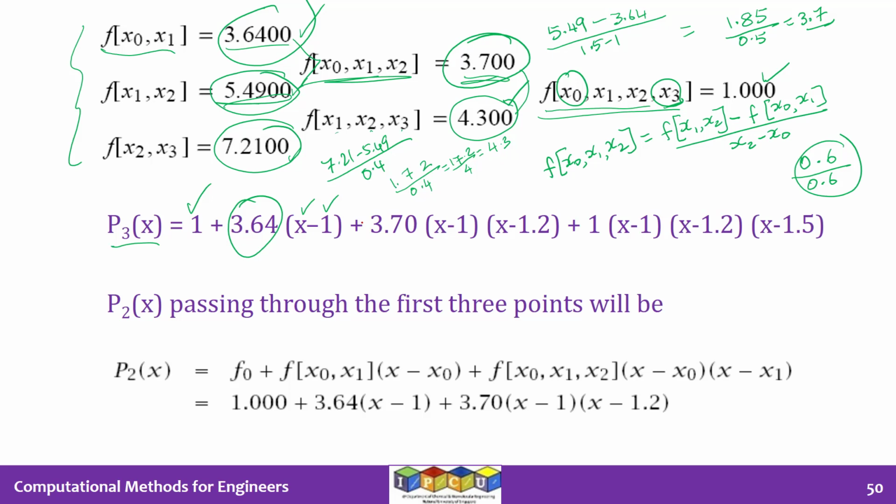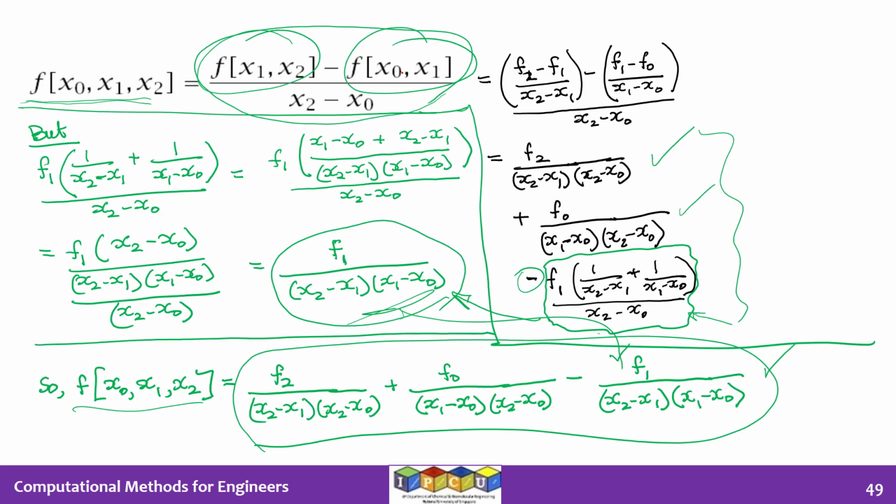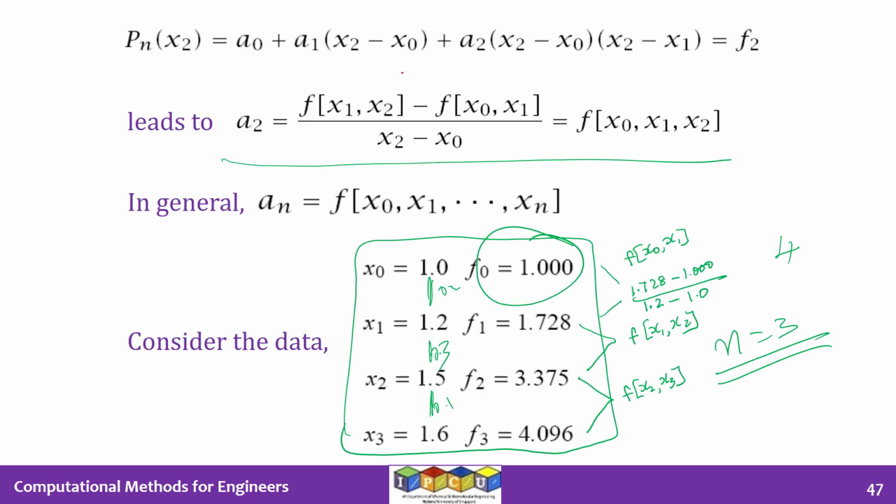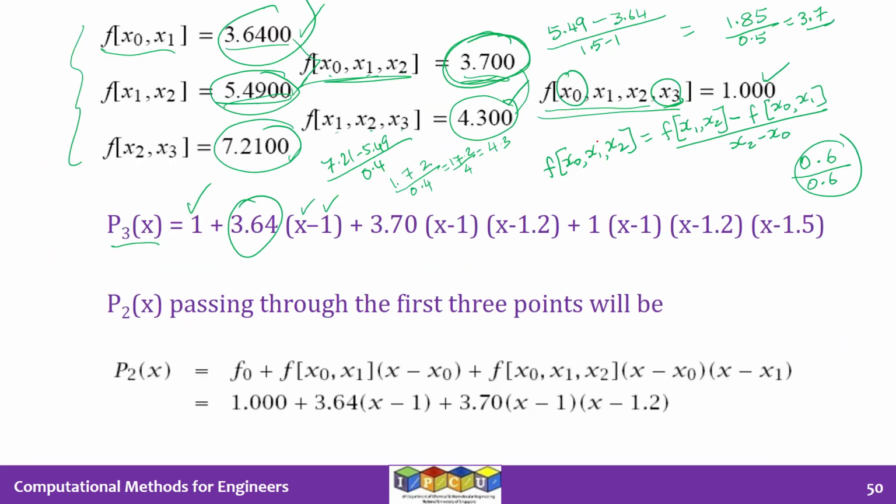Then plus the second divided difference involving x0, x1 and x2 because a2 we saw was equal to the second divided difference involving x0, x1 and x2. Therefore, this is the second divided difference involving x0, x1 and x2. So we have to take that one. This is also a second divided difference, but that is not a2. This is a2.